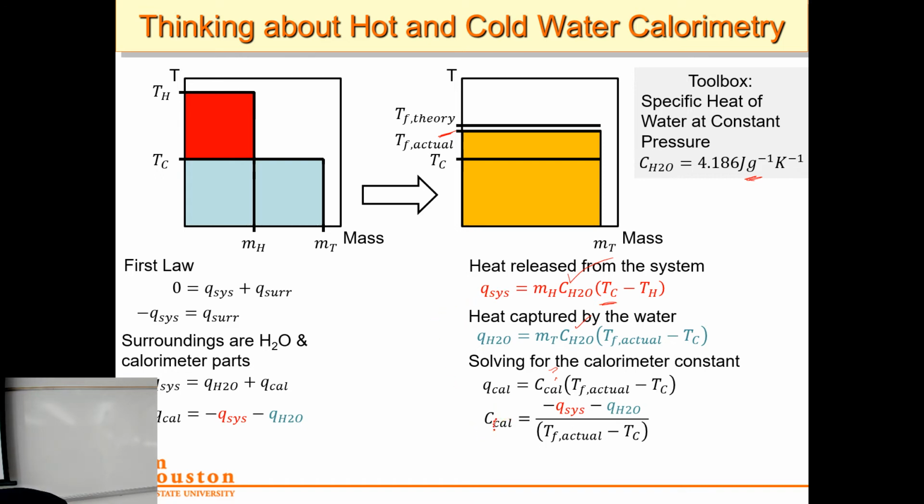So this is a valuable piece of information that tells us something about our measurement device. It tells us how many joules are going to leak out when we do an experiment. There's one other thing that's not captured by any of these calculations, and so there is a source of error in all of these, and that's evaporation.